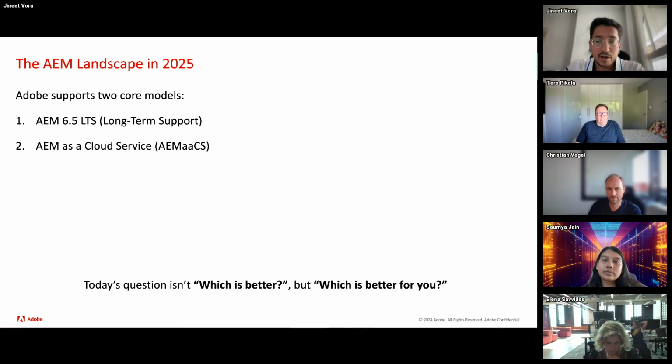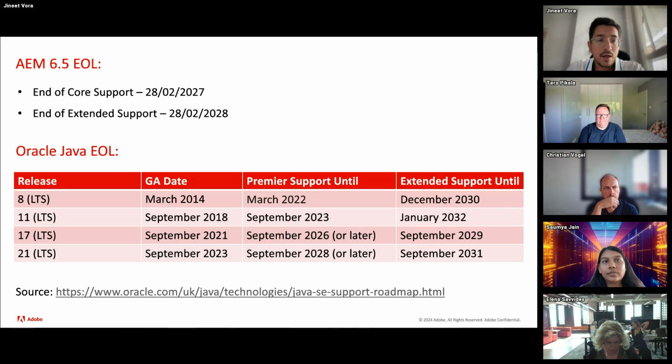And in 2025, there are two more options which are made available. I mean, it's already there, but one of which was recently made available was AEM 6.5 LTS, which was internally called AEM 6.5 2025, or you might have heard it called AEM 6.6. And then AEM as a cloud service, which has been around for a long time now. So we'll talk about this as well.